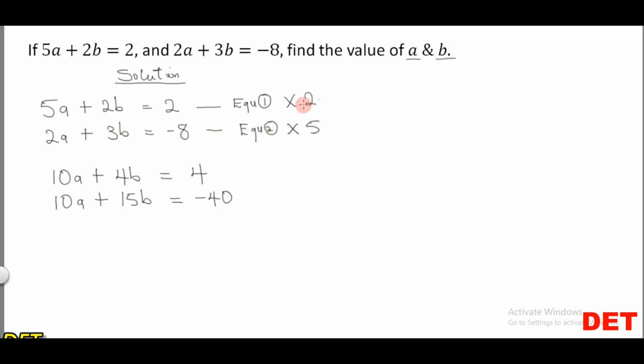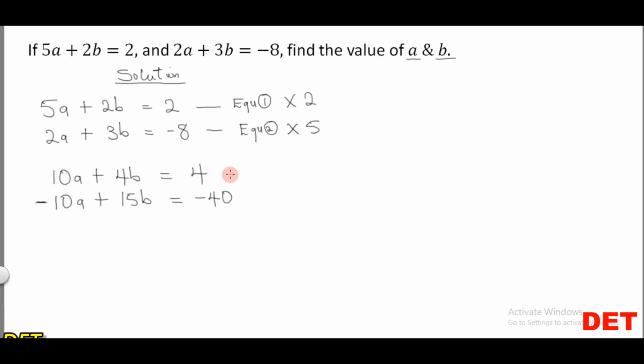The reason for this multiplication is so that we can have the a be equal on both sides, so that we can eliminate it. Remember we're solving by elimination method. The next thing I'm going to do is to subtract.